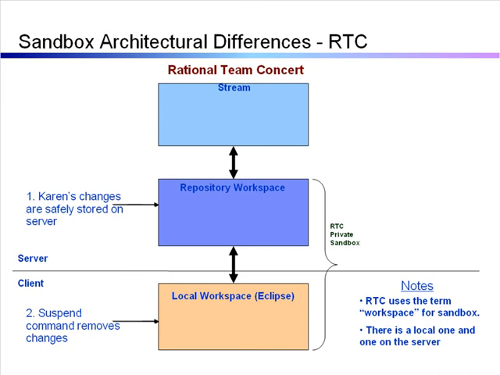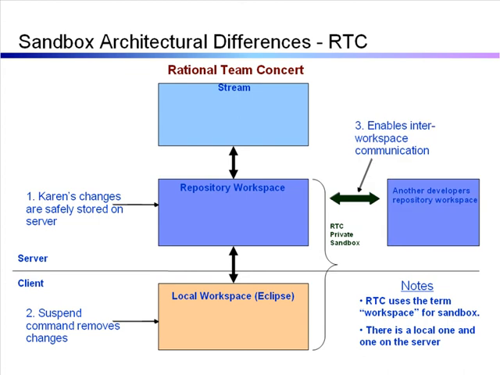Secondly, there are certain operations that Karen can use against her sandbox, such as suspend, which will take away those changes from her local workspace, safely store them in her repository workspace on the server, but get them out of the way so she can work on other things. And finally, through inter-workspace communication, she can directly connect her repository workspace to the workspace of Gordy or any other developer on her team.